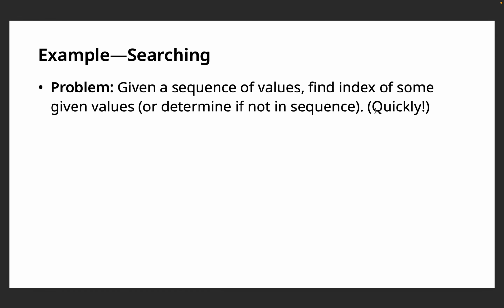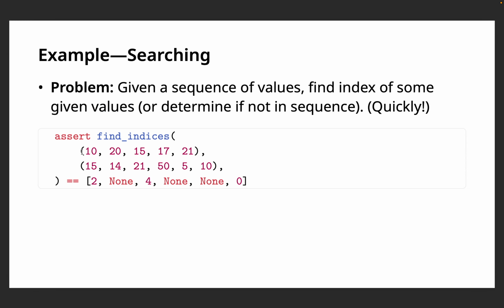So if I'm given multiple values, I get the index of each of those values. In this example, this is the sequence, and these are the values you want to find. So 15 is at index 2, 21 is at index 4, and 10 is at index 0. The rest are not in the sequence, so you return None for them.